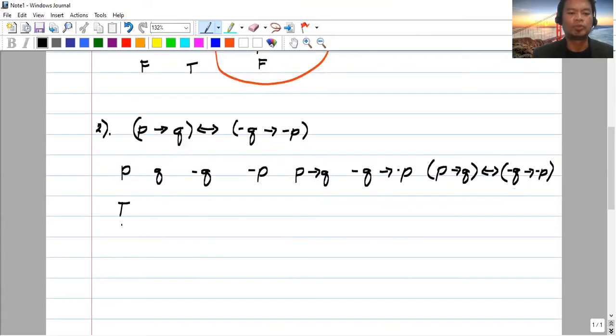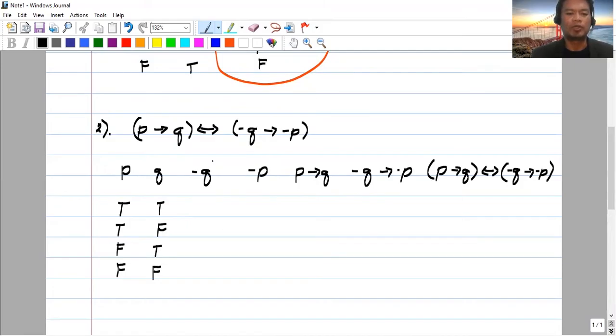So we have 2 true and 2 false under P. For Q, we have true, false, true, false. So this is now the arrangement of our true or false given 2 variables.